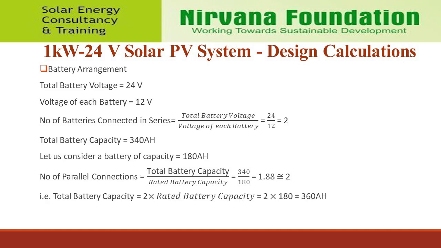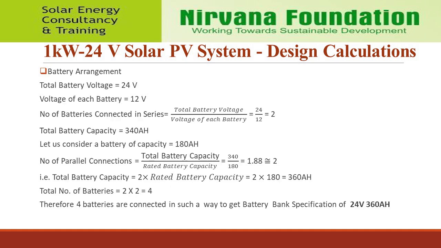Therefore the number of batteries connected in parallel is 2. To verify, we can just multiply the number with the rated battery capacity. Total number of batteries required is 2 series times 2 parallel equals 4. Therefore 4 batteries are connected in such a way to get a battery bank specification of 24 volts, 360 Ah.